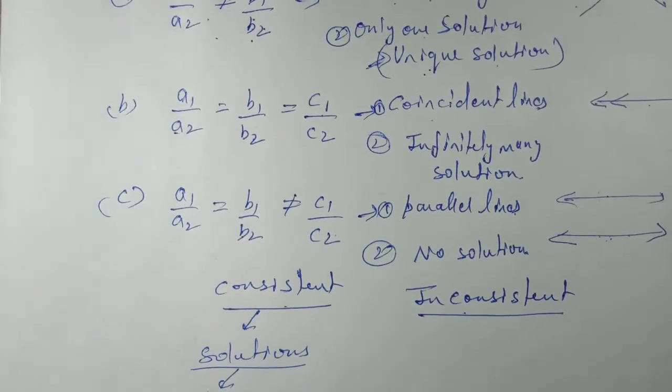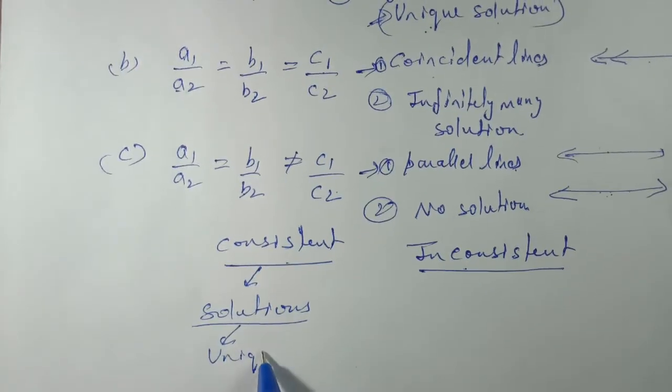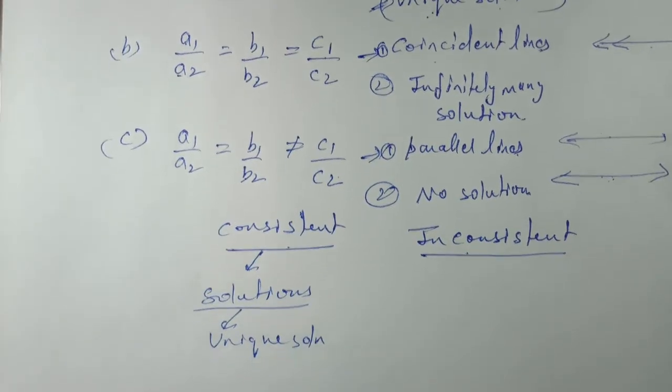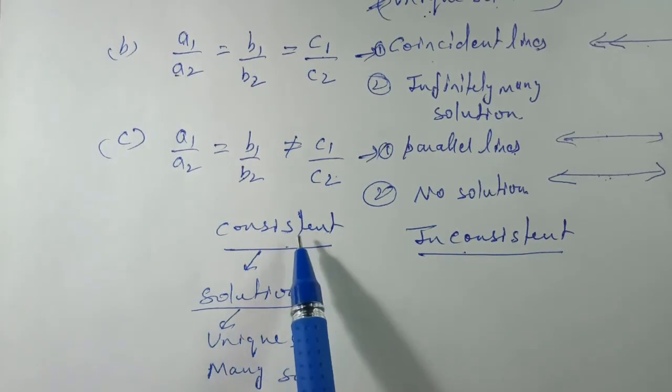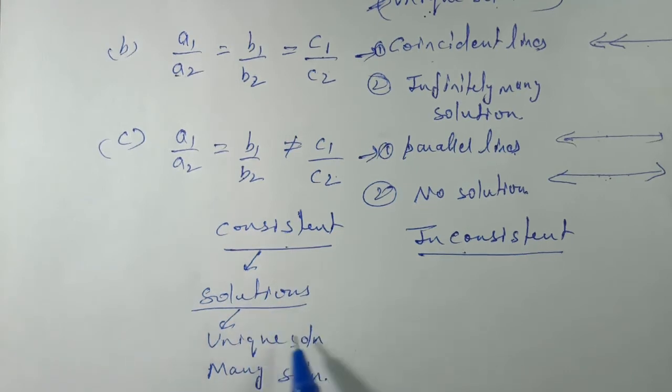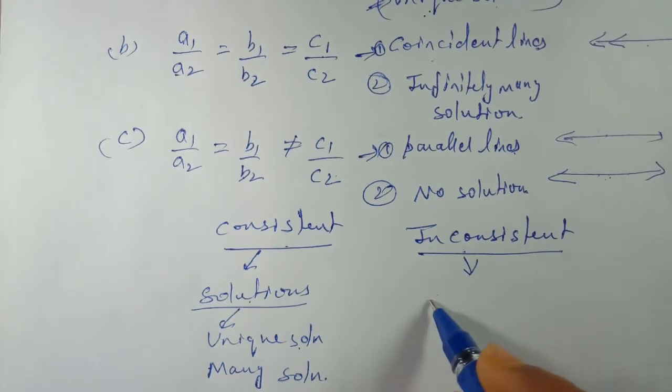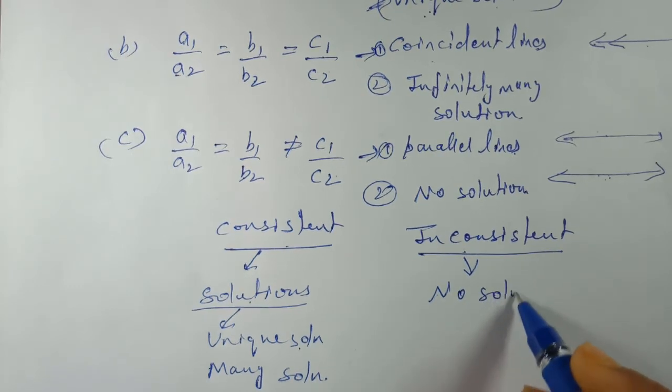It may be a unique solution, or it may be infinitely many solutions. So consistent means such equations which have some solution, one or many. And inconsistent means there is no solution.